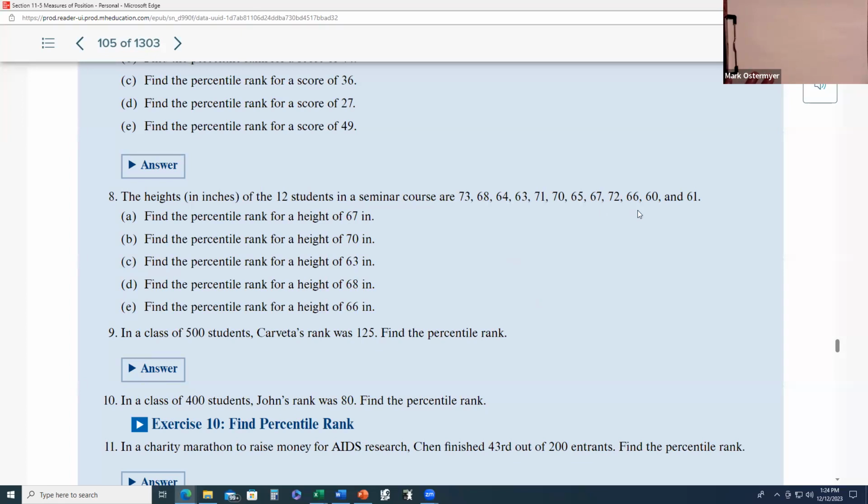What would be the smallest observation in our data set? 60. So I'm going to put that on my paper first. I would recommend you put a little slash mark through it so we take it off the list. What's the next larger one then? 61. And then 63. 64. 65.